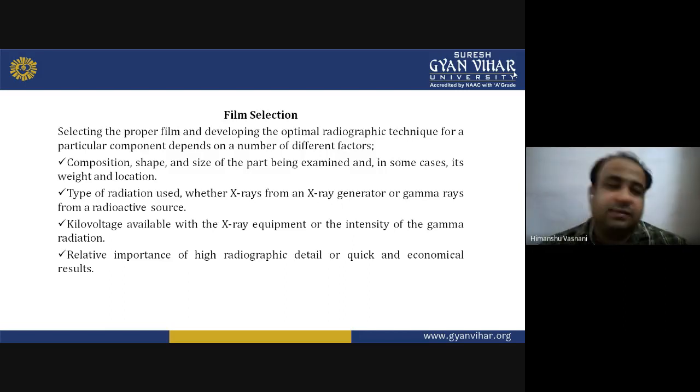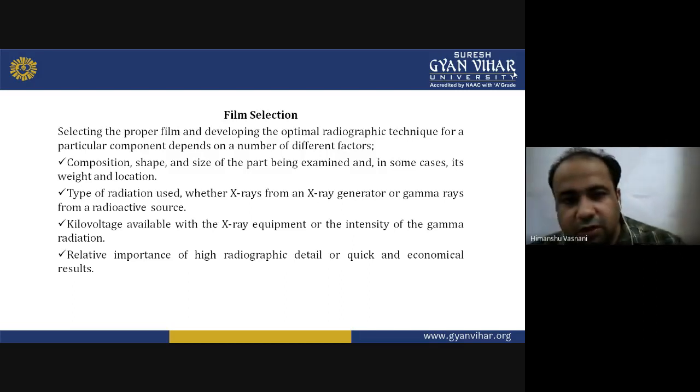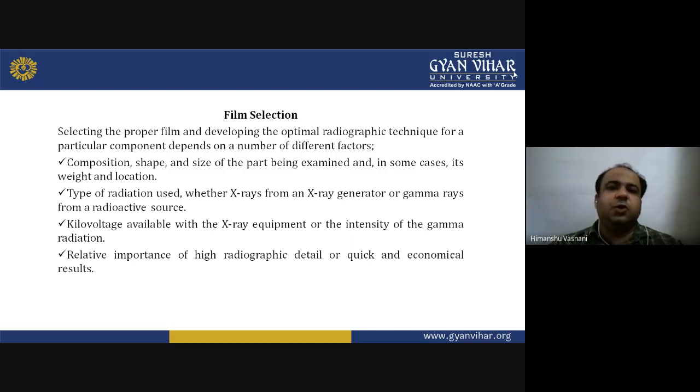And in some cases, it's the weight and the location, whether it is at a particular place or remotely located. So these factors should be considered. Then the type of radiation used, whether X-rays from an X-ray generator or gamma rays from a radioactive source. What is the type of radiation you are using?